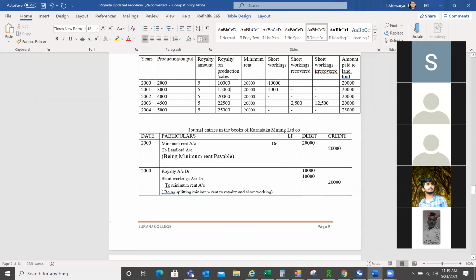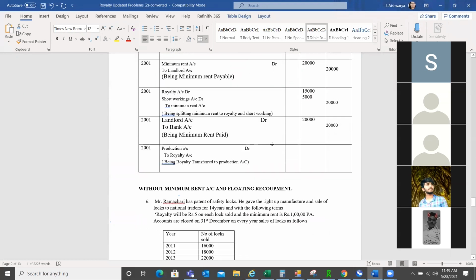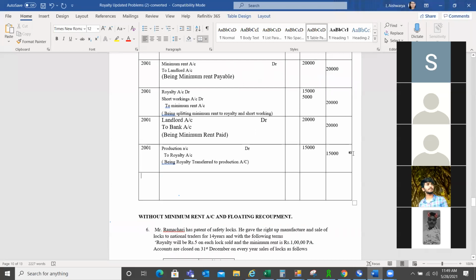Are you sure? Yes, ma'am. Okay, good. So again, royalty account credited with how many rupees? 15,000. The same thing has to be credited to royalty as 15,000, and you have to write it as being royalty transferred to production account. Good. Then next.